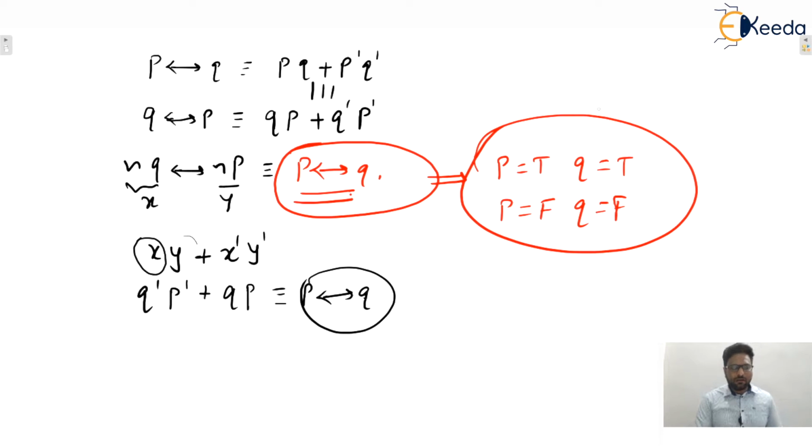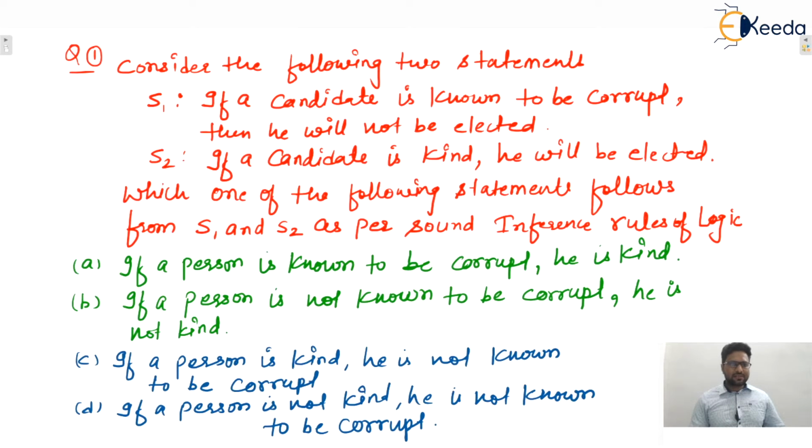Okay. So write down the first question based on reasoning, how reasoning is developed in logic. Okay. So we'll see one by one. Let us consider one example. Let's say this question is given to you. Consider the following two statements. Isn't it? Two statements are given to you. S1 is, if a candidate is known to be corrupt, then he will not be elected.